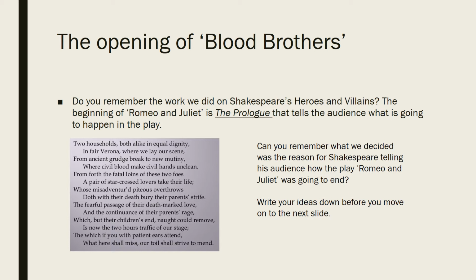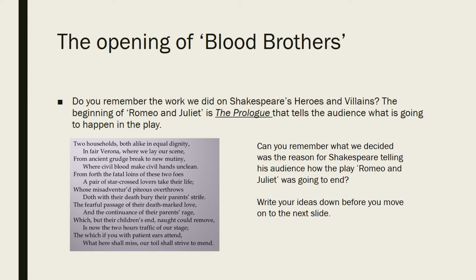Two households, both alike in dignity, in fair Verona, where we lay our scene, from ancient grudge break to new mutiny, where civil blood makes civil hands unclean. From forth the fatal loins of these two foes, a pair of star-crossed lovers take their life, whose misadventured piteous overthrows doth with their death bury their parents' strife.